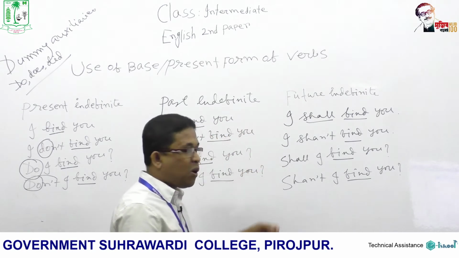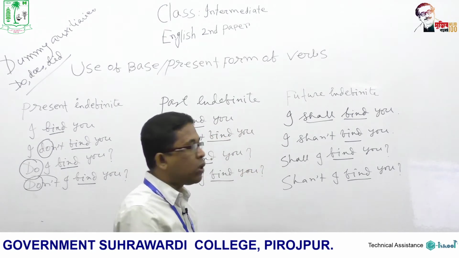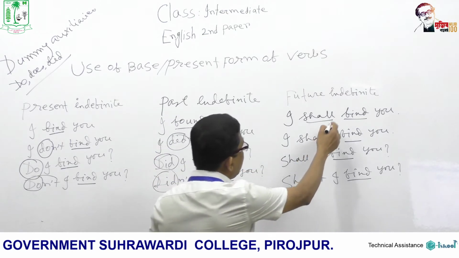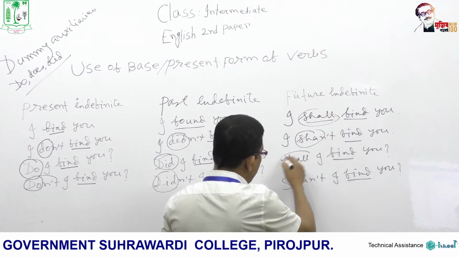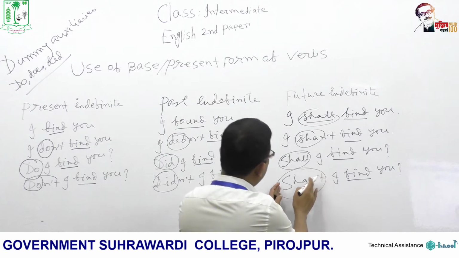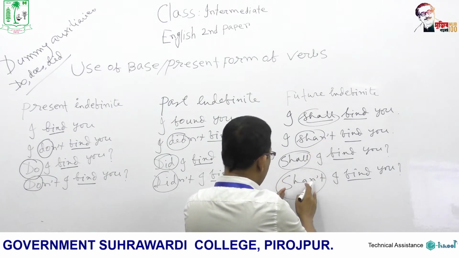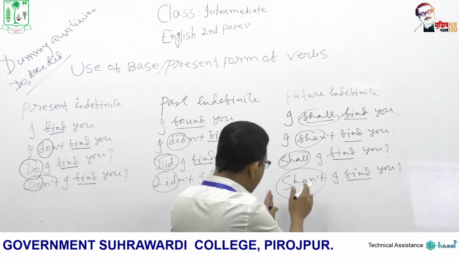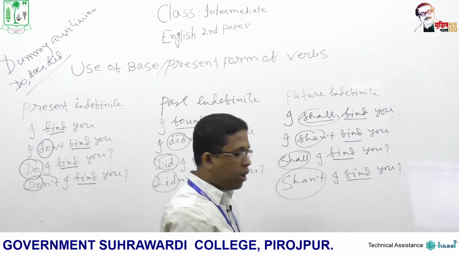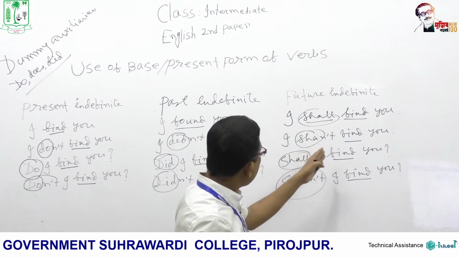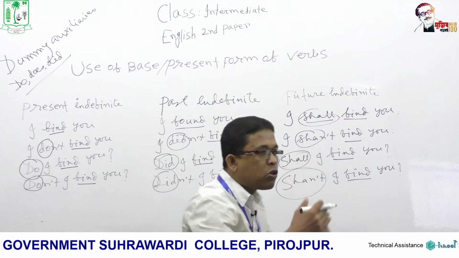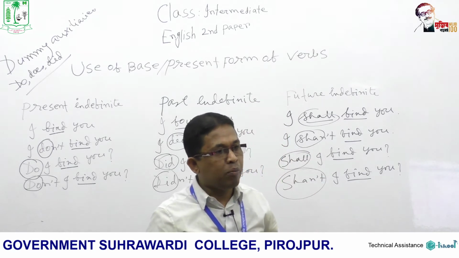So, that rule is applicable here, that is shall or shan't. This is the contracted form of shall not. So, modal auxiliaries always take the base form of main verbs.